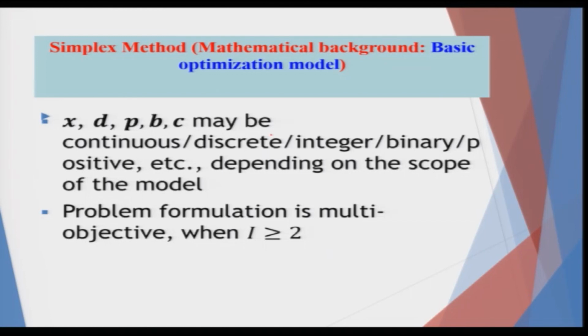It can be binary: build a factory, not build a factory, build the road, not build the road. So, it would be 0 and 1. Positive would also be applicable. The problem formulation would be multi-objective if I is 2 or more.